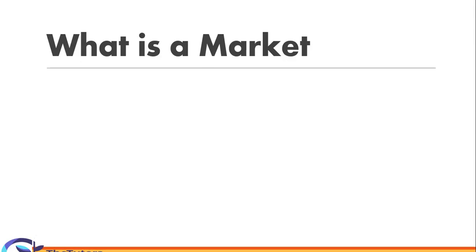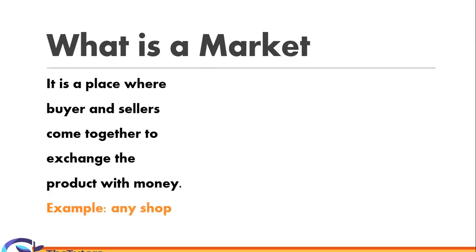This is called a market, but a market can be a big one where there could be multiple shops. It is a place where buyers, you as a customer, and shopkeeper as a seller, come together and exchange product with money.